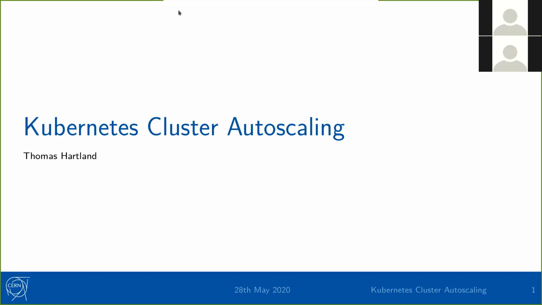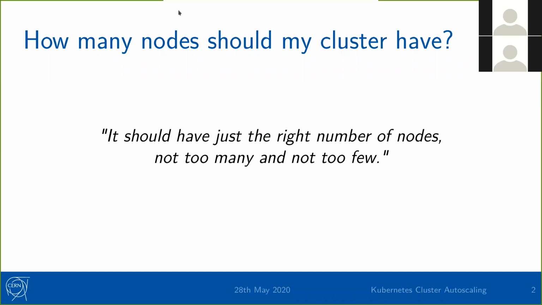And as for why you would want to use it, cluster autoscaling allows you to avoid answering a difficult question, and that question is, how many nodes should I have in my cluster? Because the answer to that question is, you should have just the right number of nodes, not too many and not too few. And of course, that isn't really helpful at all, because the right number of nodes is not so easy to determine.